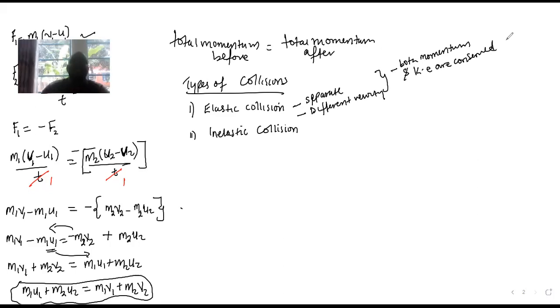So those are the basic items you need to know about elastic collision. It's a type of collision whereby the two colliding bodies separate after collision and move with different velocities. And in that situation, both momentum and kinetic energy are conserved.